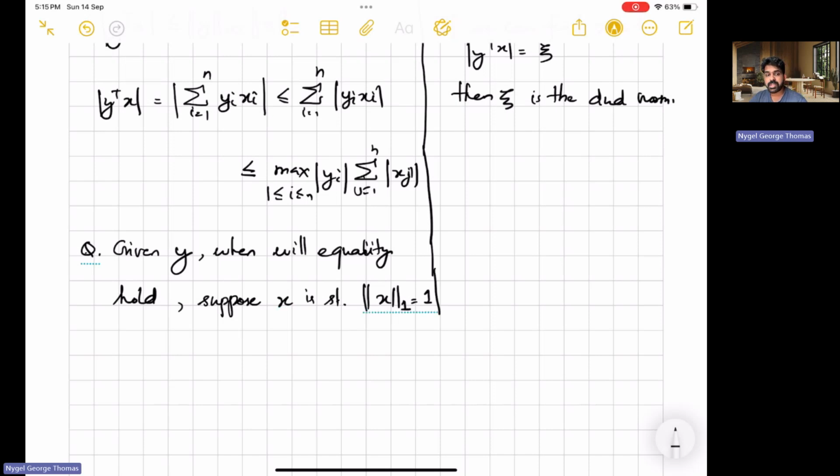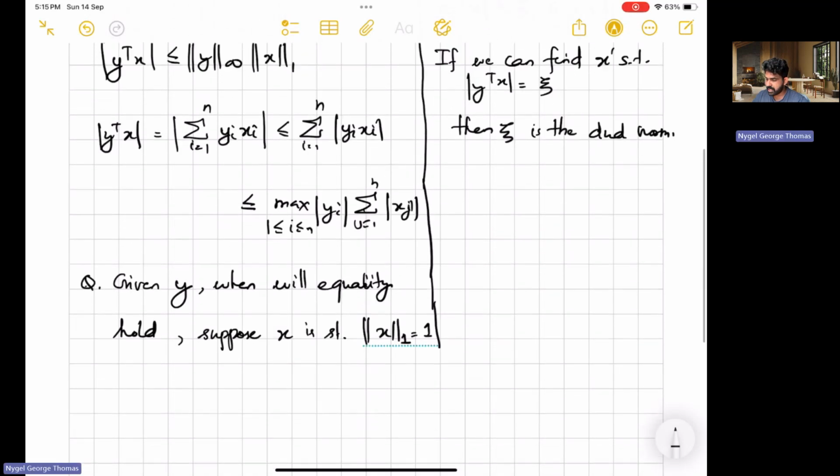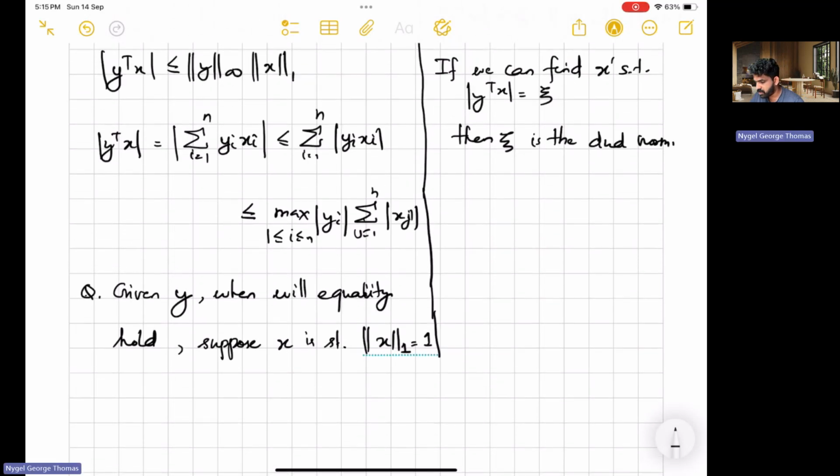What we're trying to do is find the dual norm of the L1 norm, because that's how we are constraining it. So we already want the L1 norm to be equal to 1.